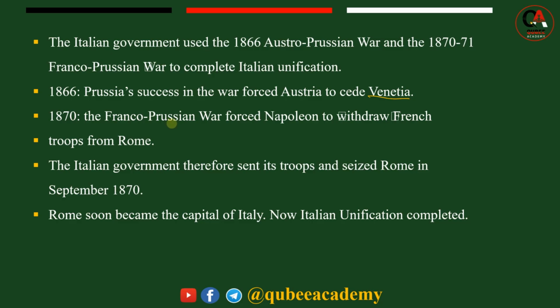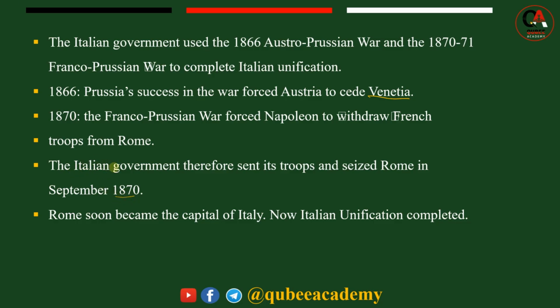Piedmont, or Italy, supported Prussia, and Prussia defeated France, so the 1870 Franco-Prussian War forced Napoleon to withdraw French troops from Rome. The Italian government therefore sent its troops to Rome in September 1870.